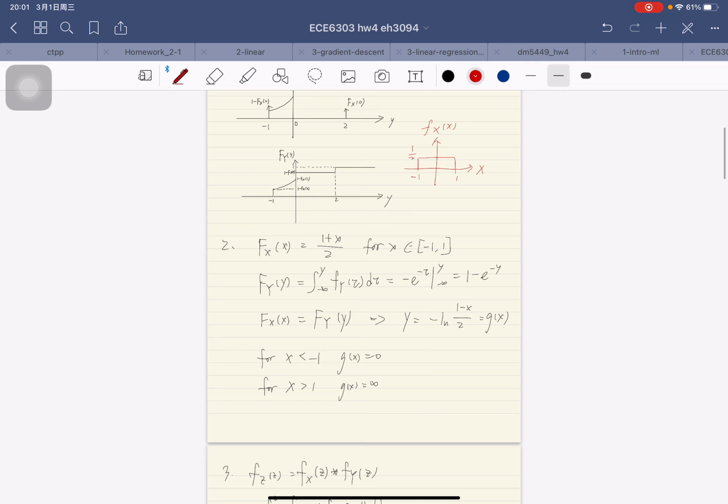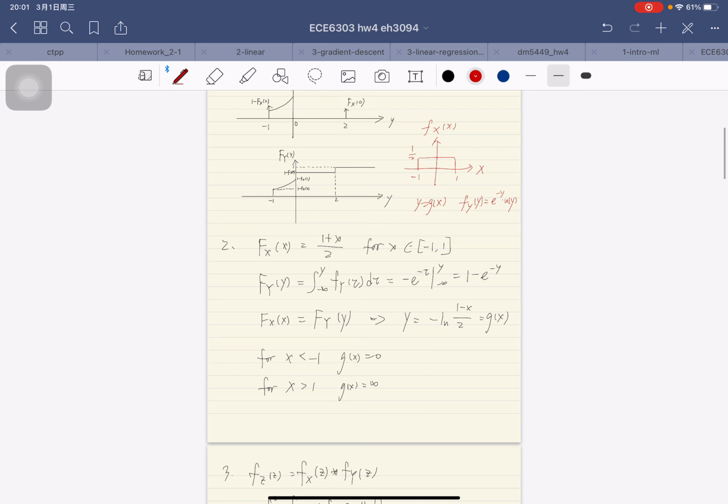Find g(x) such that if y equals g(x), then f_Y(y) equals e to the power of -y multiplied by the step function u(y).